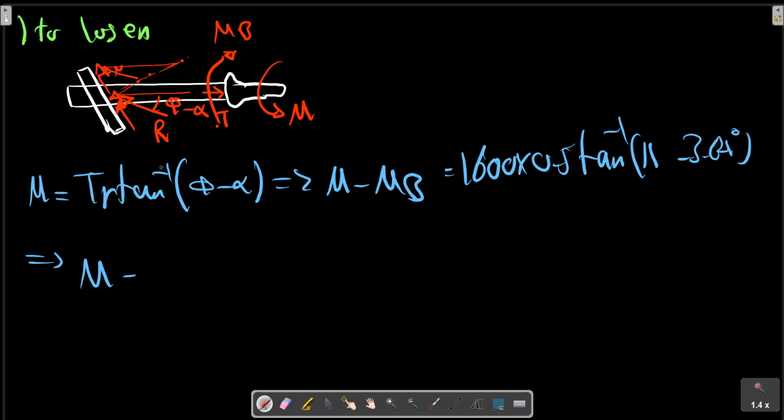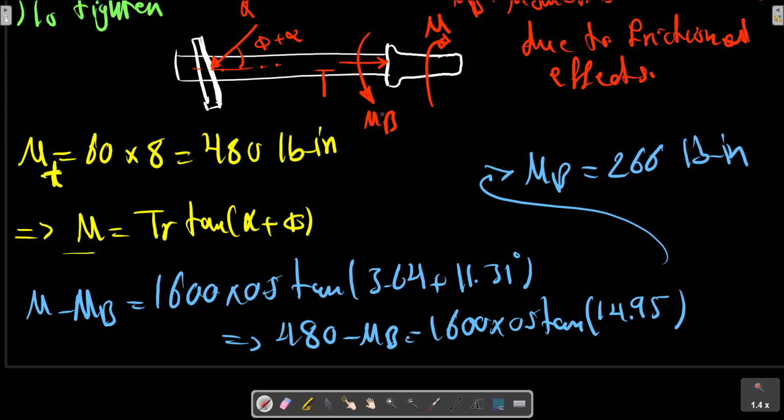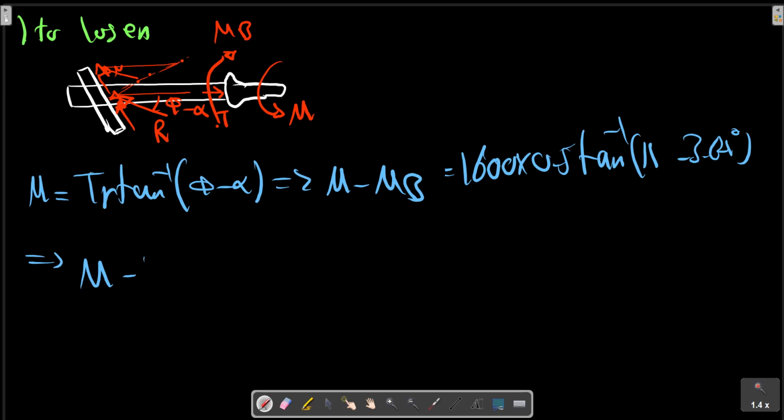MB was calculated before because it is the moment due to the frictional force.